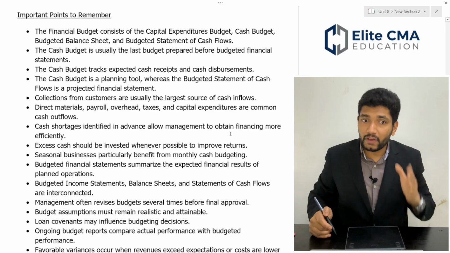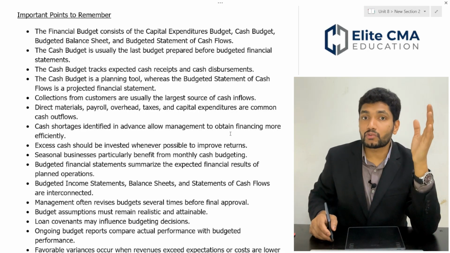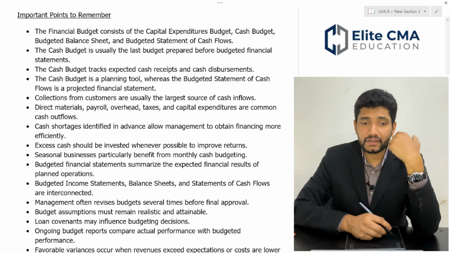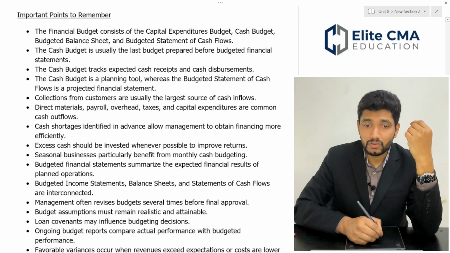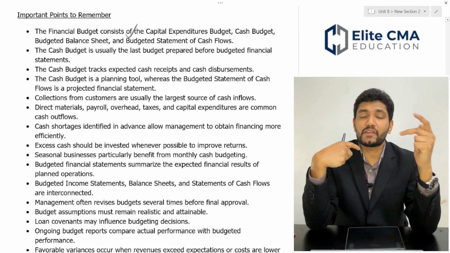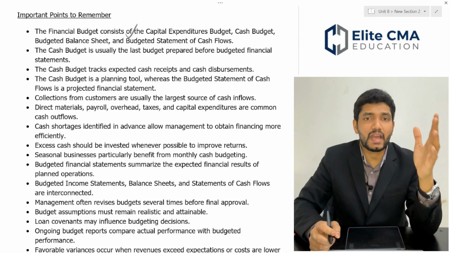So, before winding up this discussion, here are some important points to remember from this area. We started with the financial budget. The financial budget consists of the capital expenditure budget, cash budget, budgeted balance sheet and budgeted statement of cash flow.